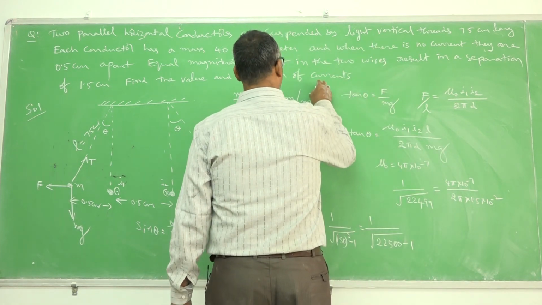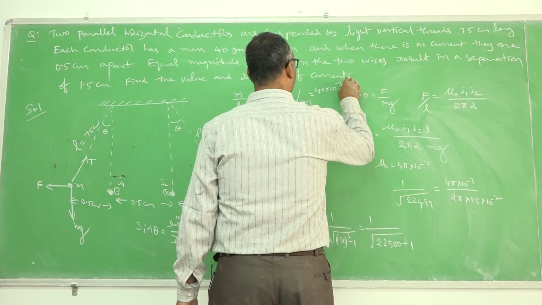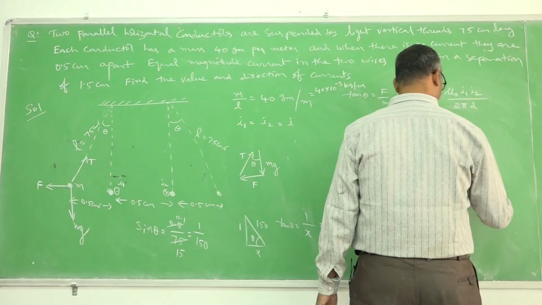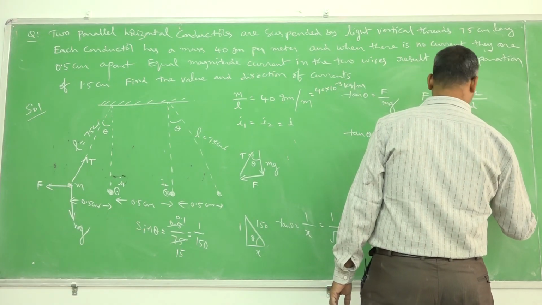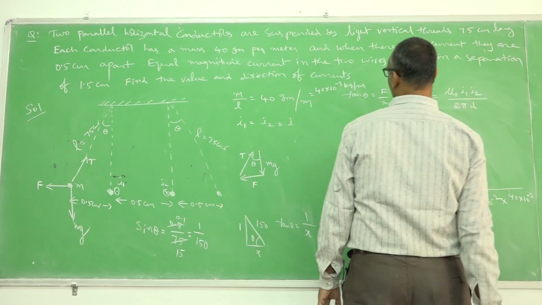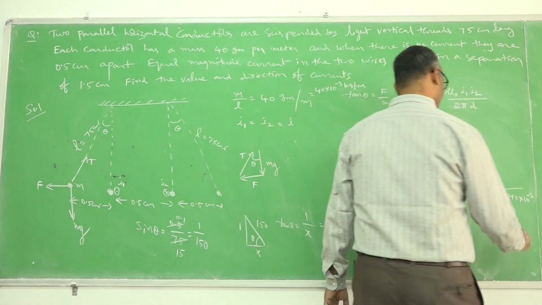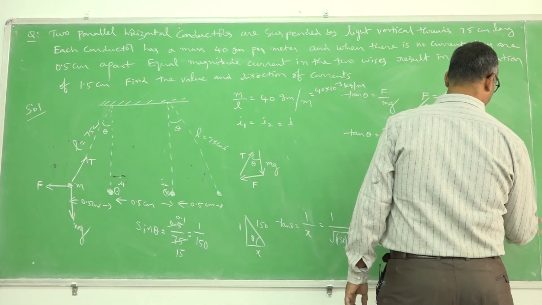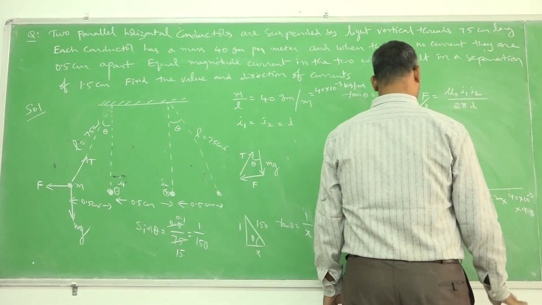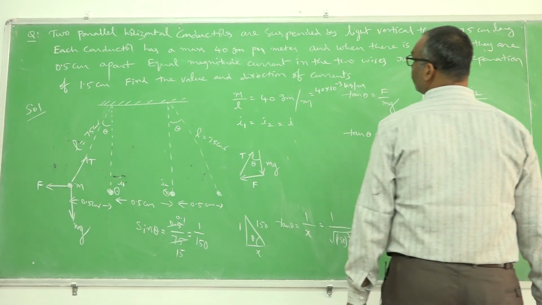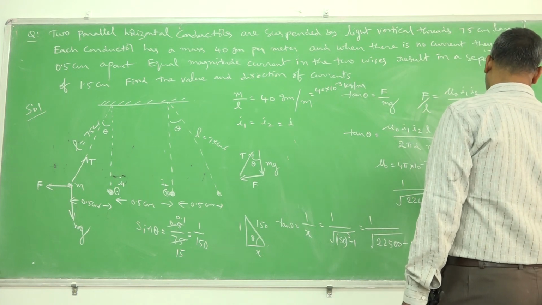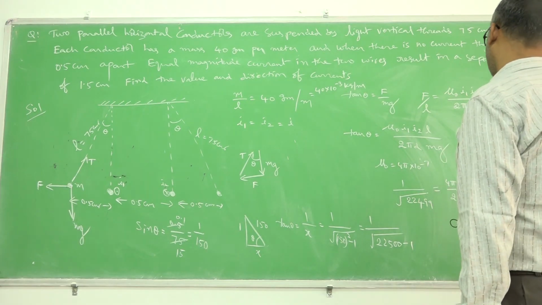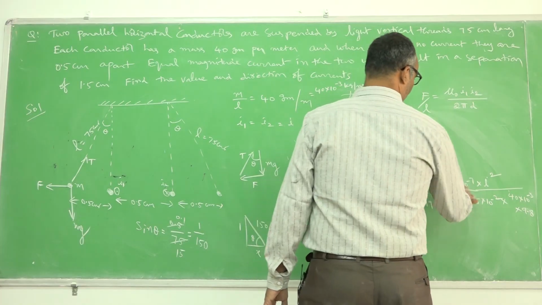You can convert it into kilograms, 40 into 10 power minus 3 kg per meter. So if I bring this L to the denominator, that M by L value is 40 into 10 power minus 3, and g value is 9.8 in MKS system. In the numerator, I1 and I2 both have identical magnitude, so you will get I square. So this will go for 2 times.